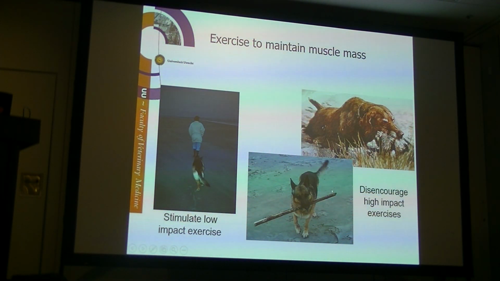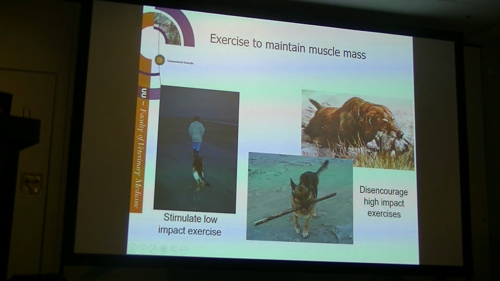So if they go to walk at the sea, we advise them to walk on this firm surface here and not in the loose sand, because that takes a lot of energy from the dog, and this is high stress for the dog on the low back, so they should not do that. And if they are going to swim, do not have them come out of the water like this.